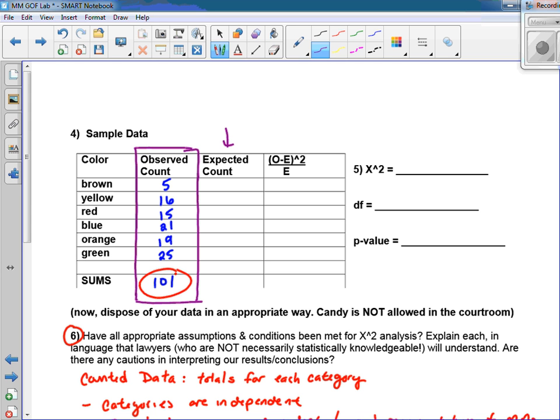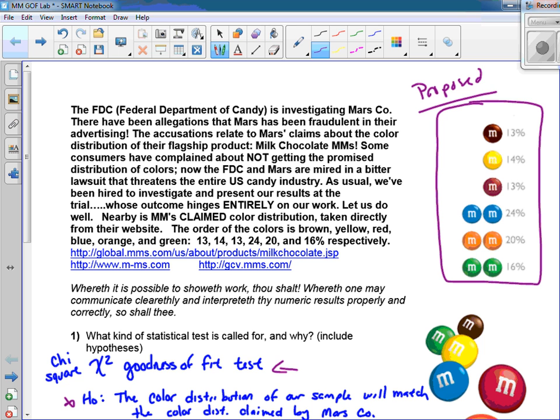The expected count is going to be our total M&M number, so in this case, 101, times the percentage for that color. All right, so those are back on this page: 13, 14, 13, 24, 20, 16.